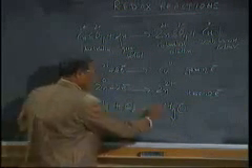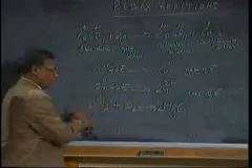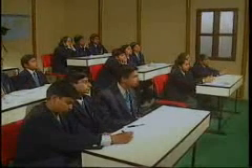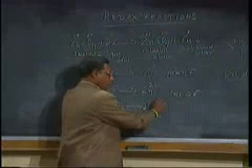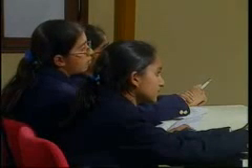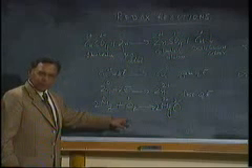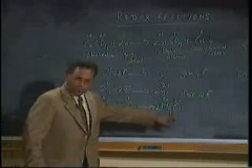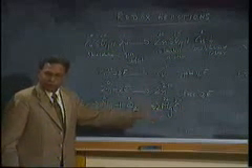Magnesium was 0 here, and this oxygen also in the elemental state, it is 0. Here it is 2 minus, and this one is 2 plus. We know that magnesium, when burnt in the air, reacts with oxygen, forming magnesium oxide, and magnesium is oxidized to magnesium oxide. Is that clear?